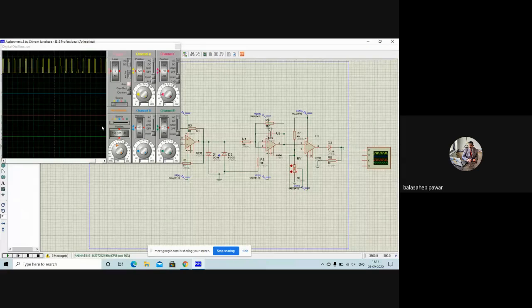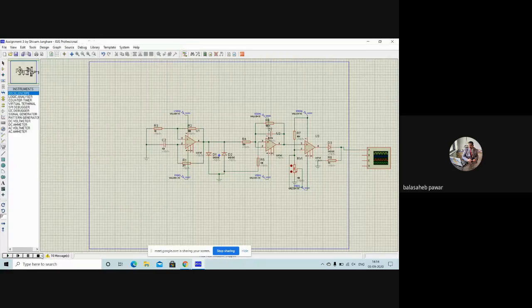Very nice. Now just wait and connect the remaining channels to the output of each stage, the remaining three. That means B to the output of the triangular wave, and C to the output of the square wave, like this. And then we will compare it.